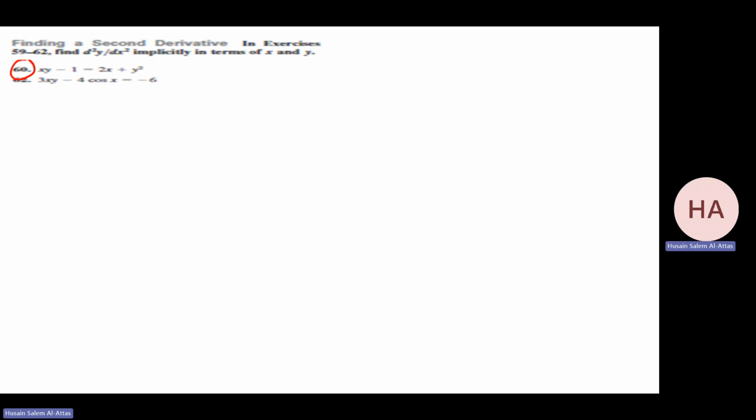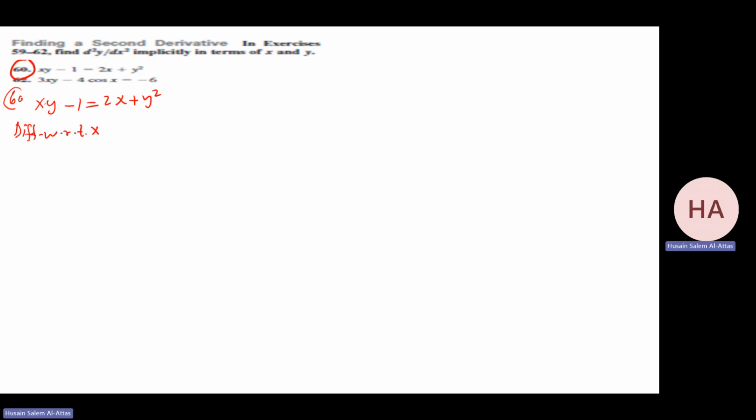Second derivative problems. Let me rewrite it. xy minus 1 equal to x plus y square. What I will do, differentiate with respect to x.